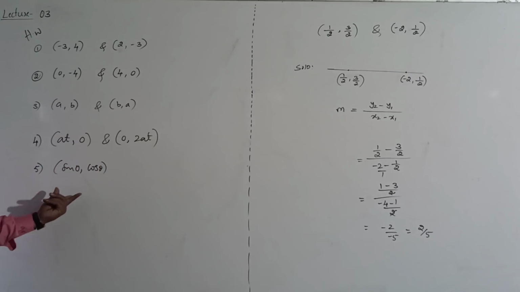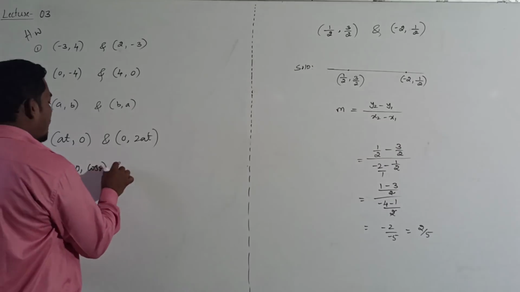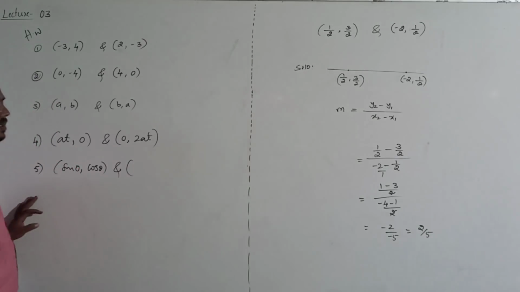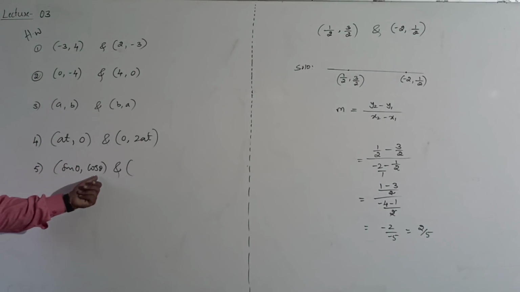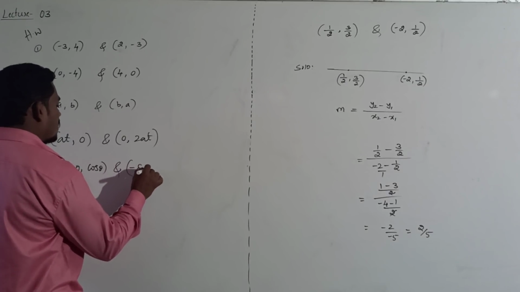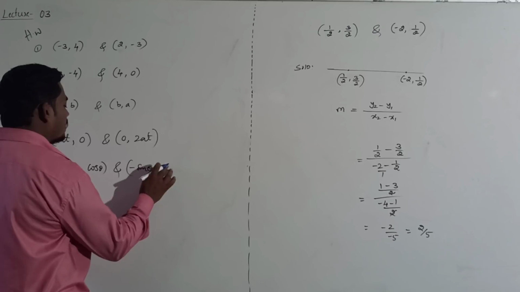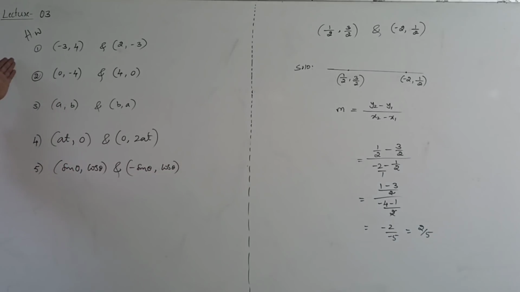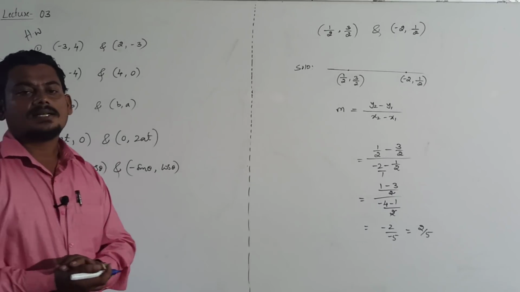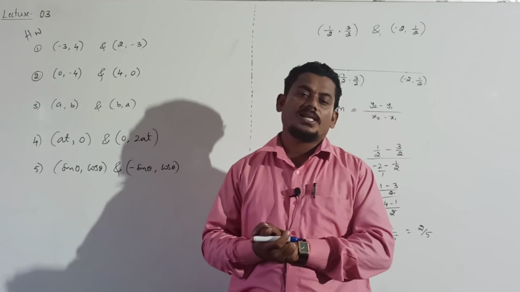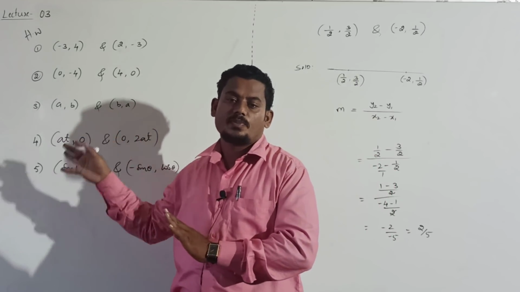Find the slope of the line passing through sin theta comma cos theta and minus sin theta comma cos theta. Take these 5 as homework, right? Just find the slope of line passing through these points, right?